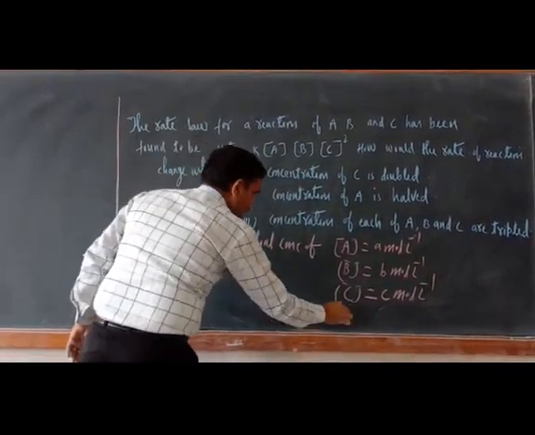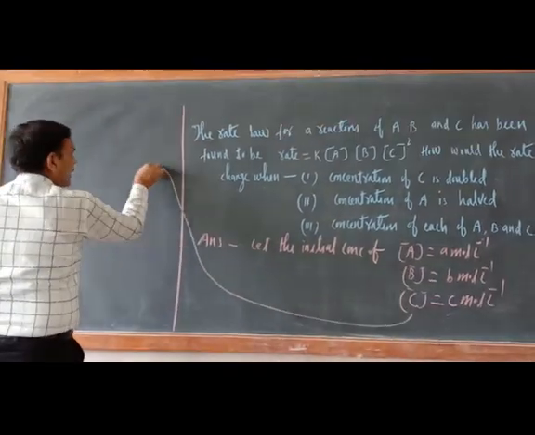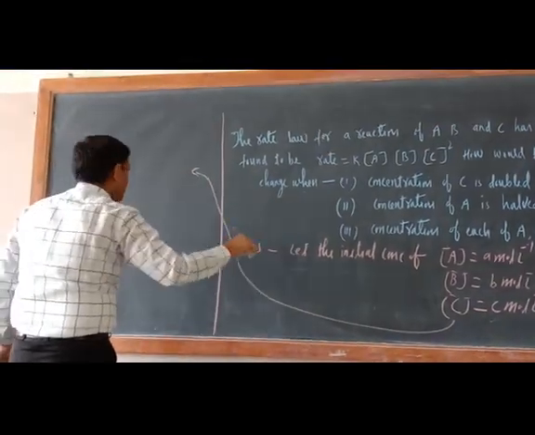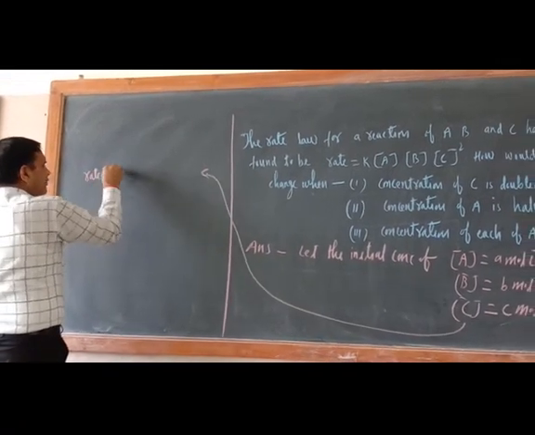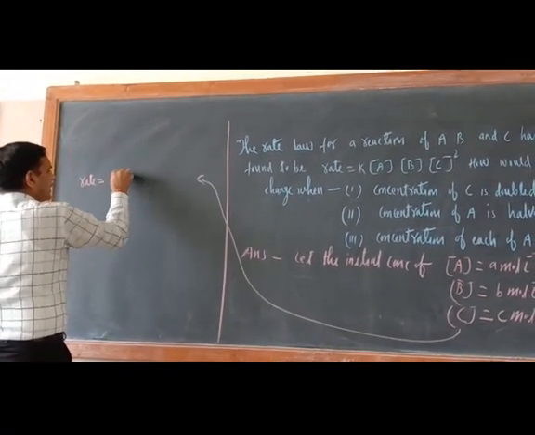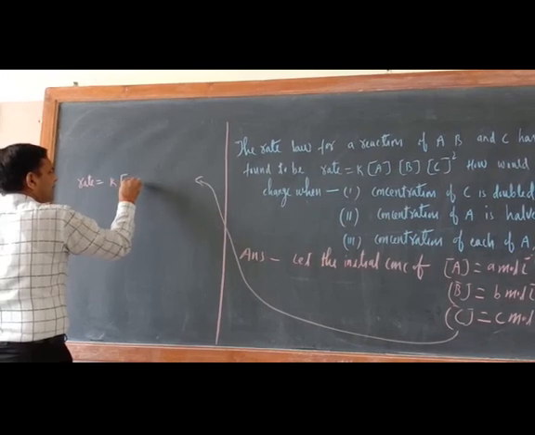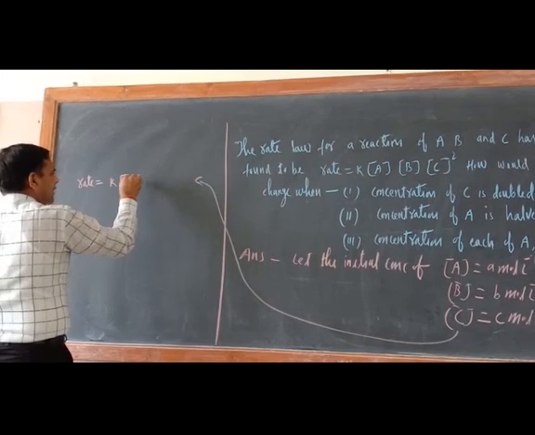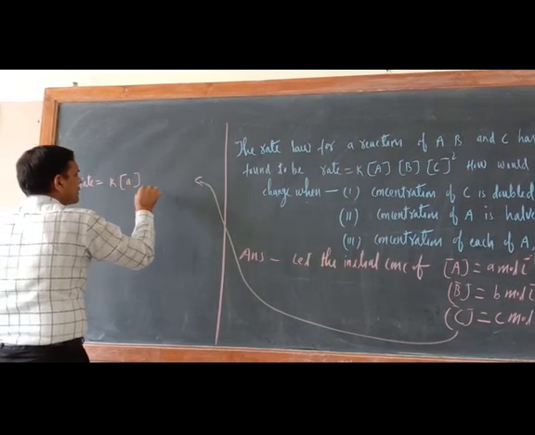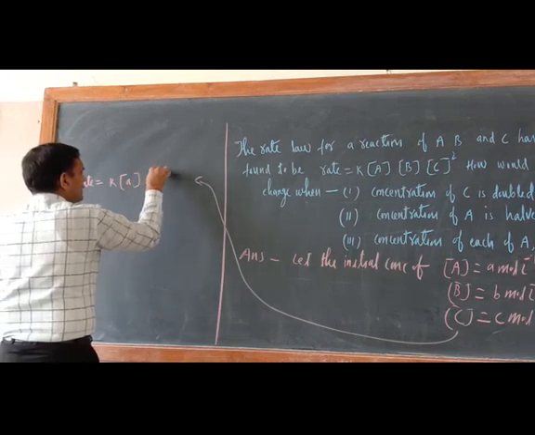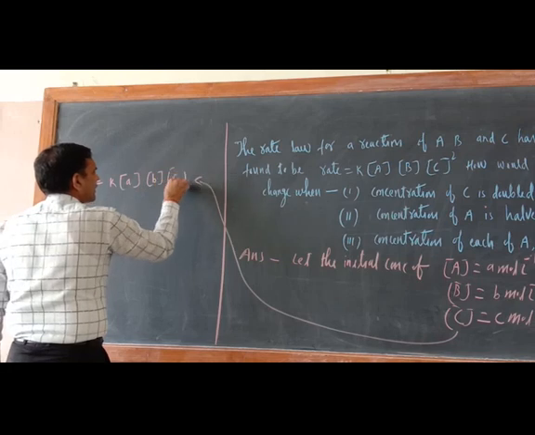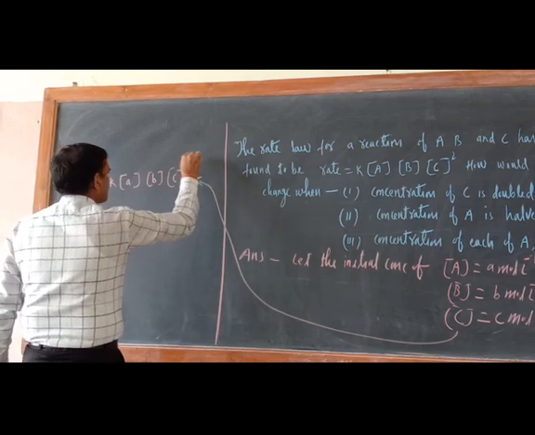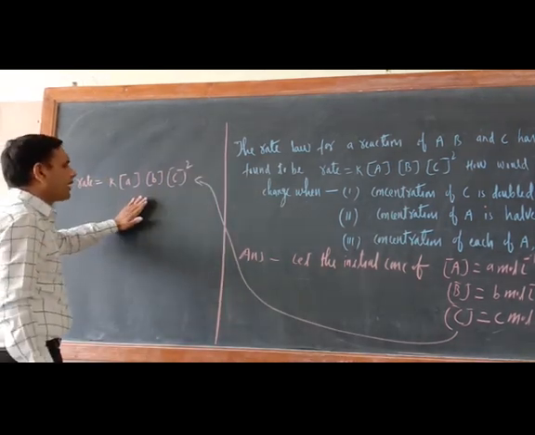Now put these values in the equation, that is rate equal to k[A][B][C]^2. This is the common expression.